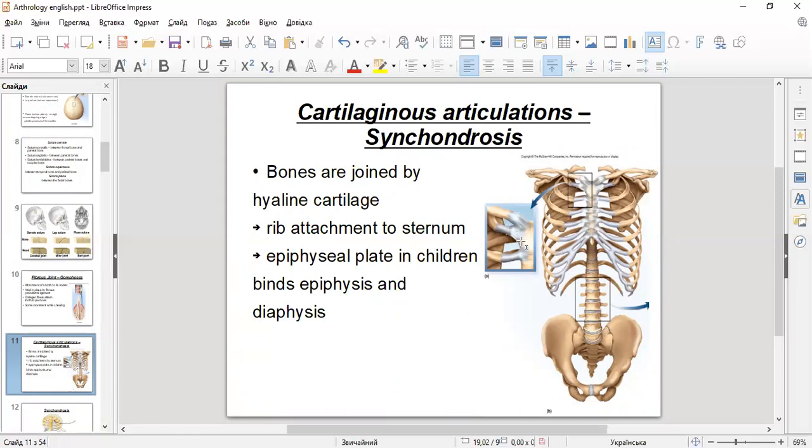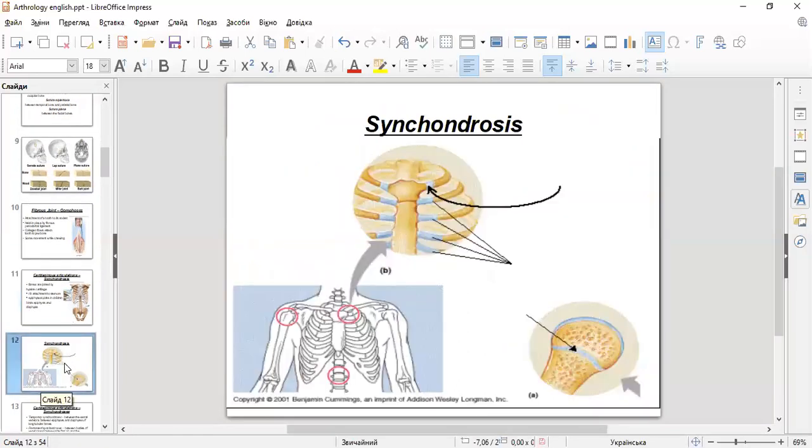Synchondrosis between first rib and sternum. Synchondrosis between epiphysis and diaphysis.